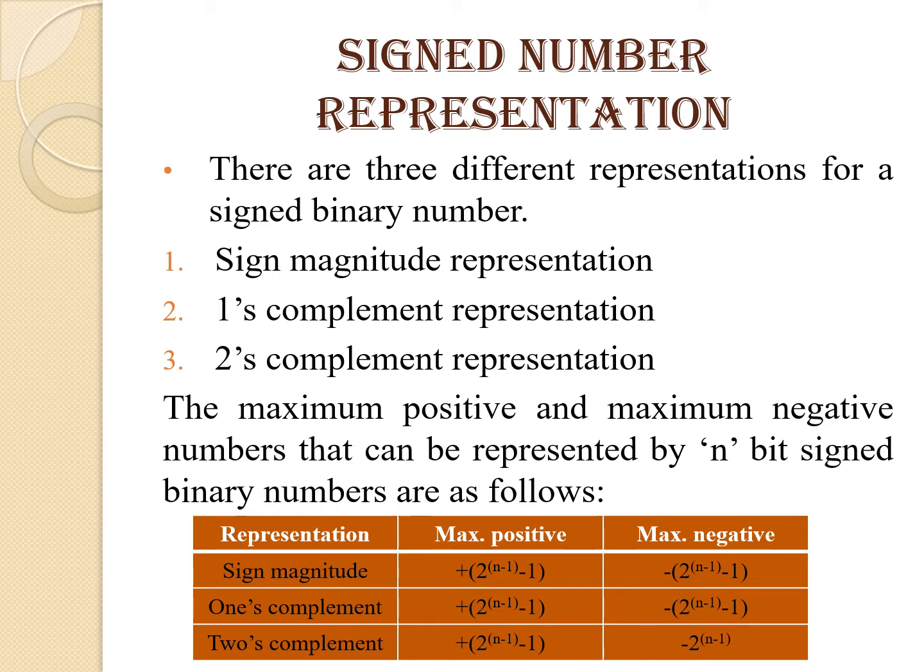In 1's complement representation, maximum positive number is 2 raised to n minus 1 minus 1 and maximum negative representation is minus 2 raised to n minus 1 minus 1. And 2's complement representation, maximum positive is 2 raised to n minus 1 minus 1. Maximum negative is minus 2 raised to n minus 1.